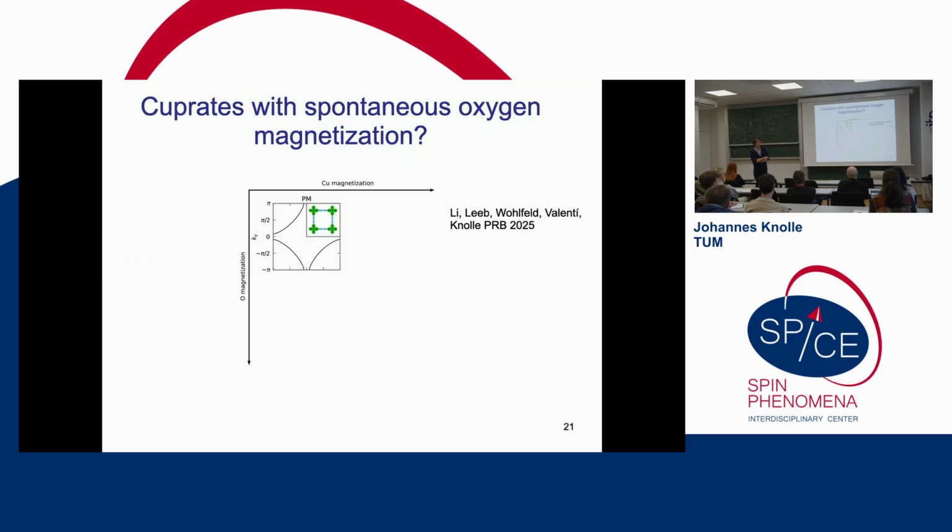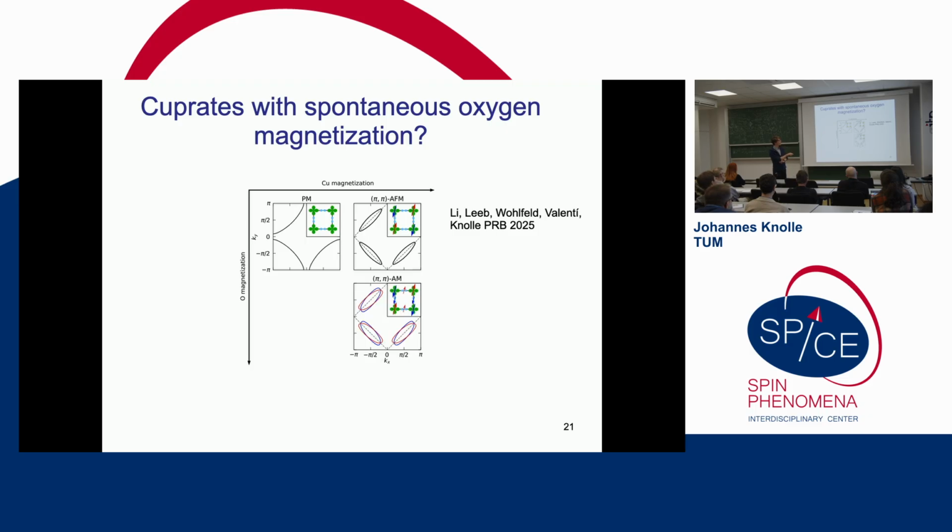So then one question we asked, hypothetically, was what would be a regime where we could get an oxygen moment? What would we need to do to the microscopics to move into a regime where this could be true? The standard copper antiferromagnet gives you the band folding, the pockets.